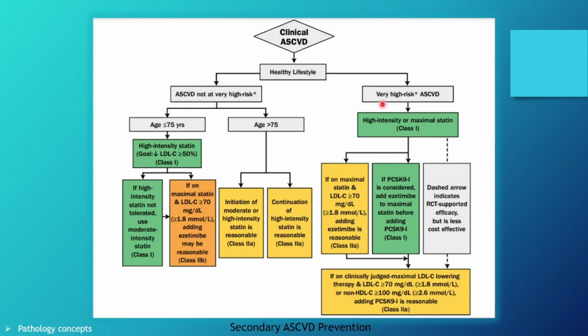In very high risk ASCVD patients, high intensity or maximal statin is recommended. If on maximal statin and LDL-C is more than 70, then add ezetimibe as a second drug. If the second drug is also not working, then add a third drug, that is PCSK9I.